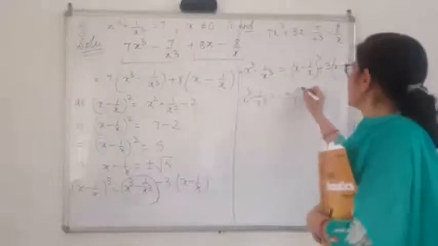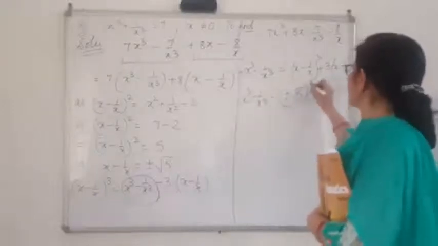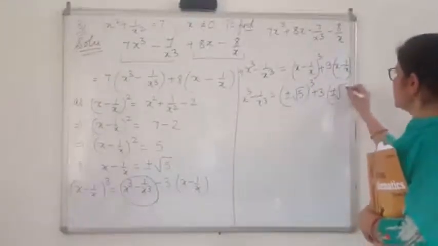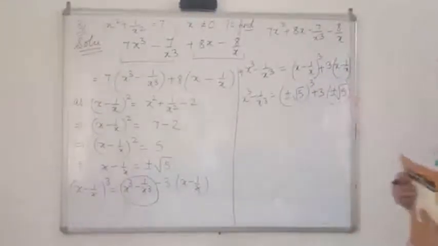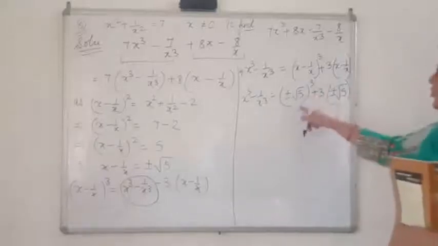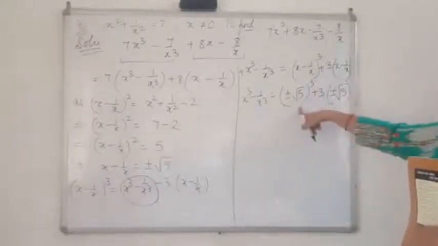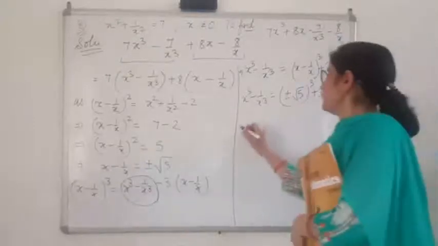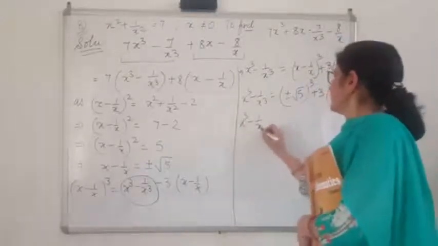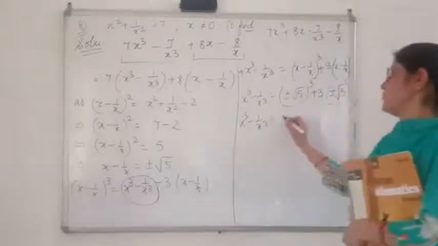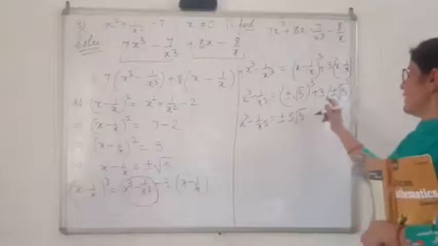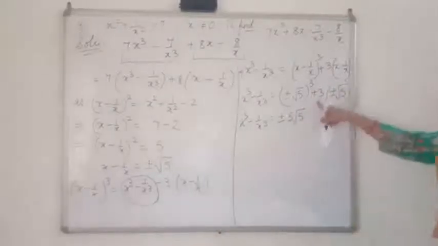Plus minus root 5 cube plus 3 into plus minus root 5. When we take cube, root 5 we multiply 3 times. Root 5 into root 5 we will get 5 and 1 root 5 will be left. So when you take cube it will give us plus minus 5 root 5. We multiply. Can we multiply 3 with root 5?